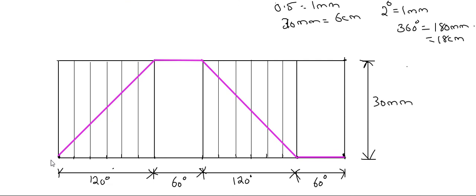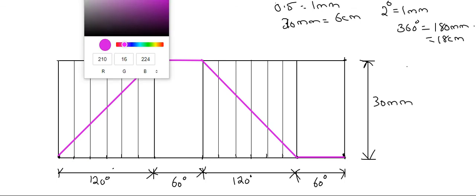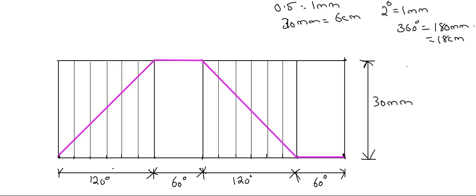So you name horizontally as 0, 1, 2. Let me use another color. So 0, 1, 2, 3, 4, 5, 6.